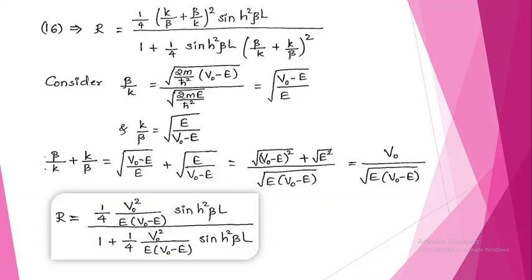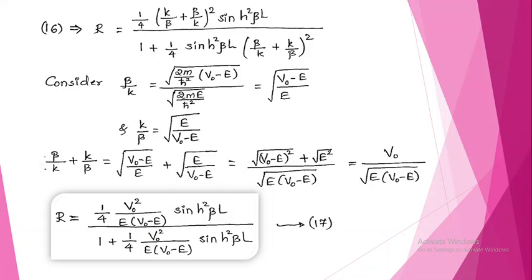In place of the squared term we are going to substitute this: V naught square by E into (V naught minus E) into sinh square of beta L, divided by 1 plus 1 by 4 V naught square by E into (V naught minus E) sinh square beta L.